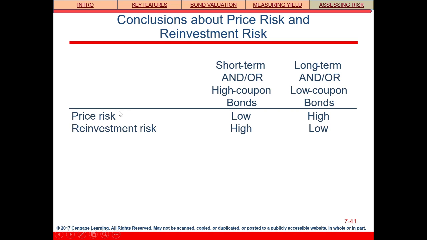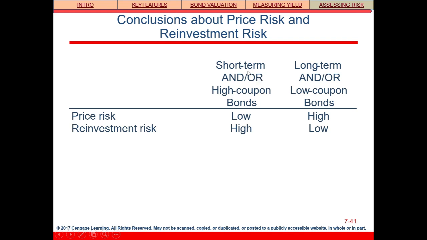For price risk, we have discussed there are two factors here, the maturity and the coupon rates, right? Short-term maturity reduces price risk, right? So it's low price risk. Coupon also helps reduce price risk, while longer maturity increases price risk.